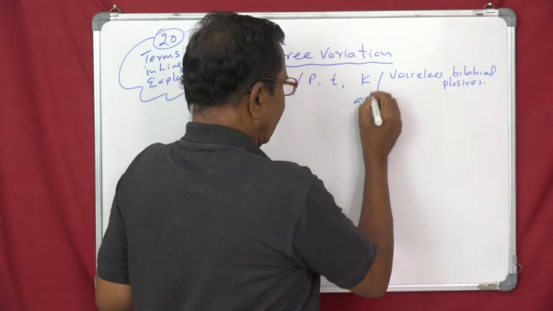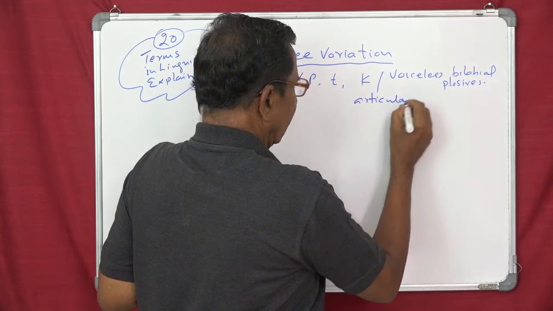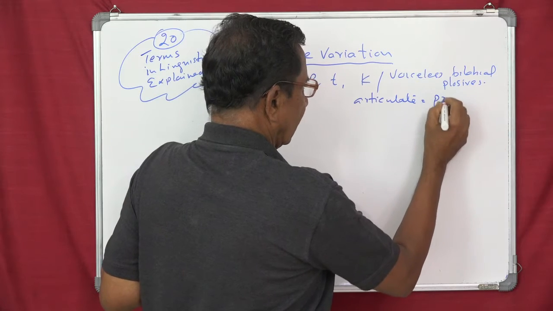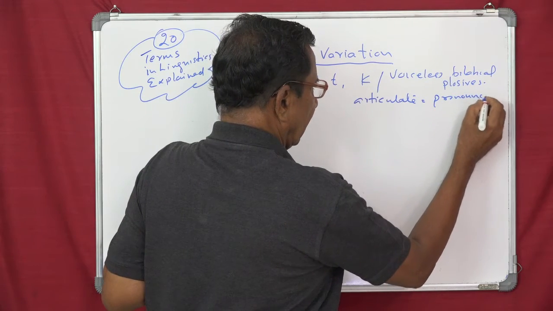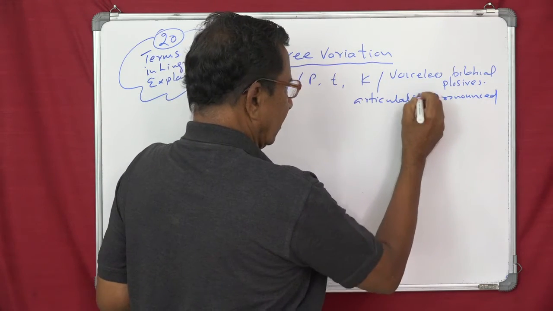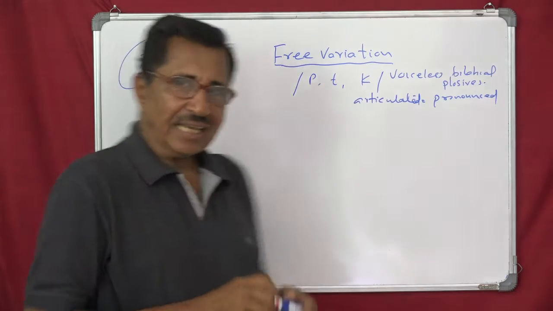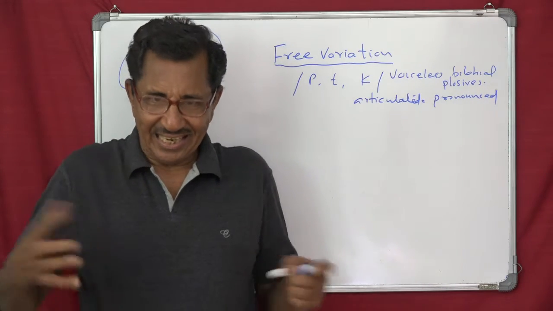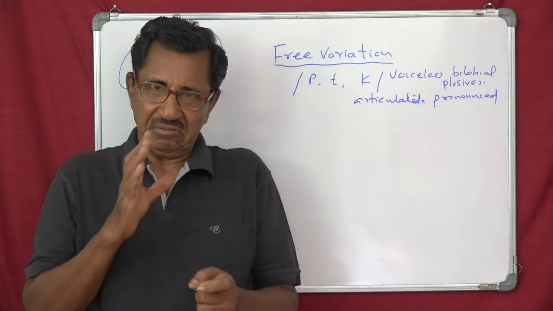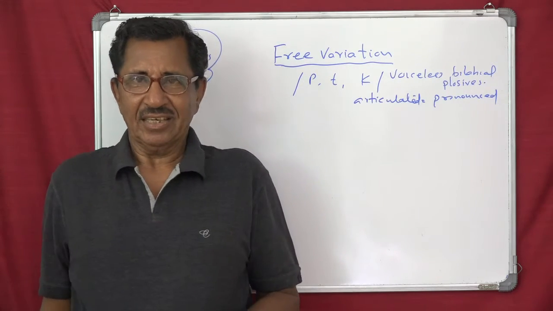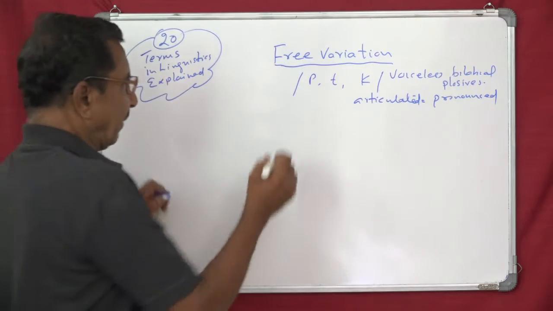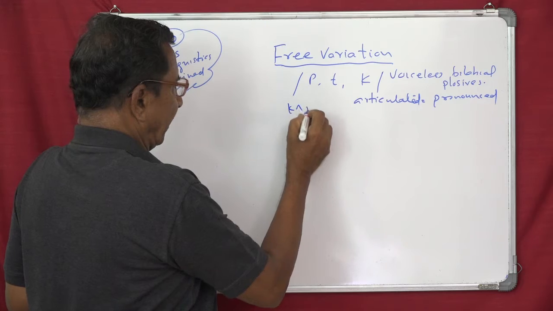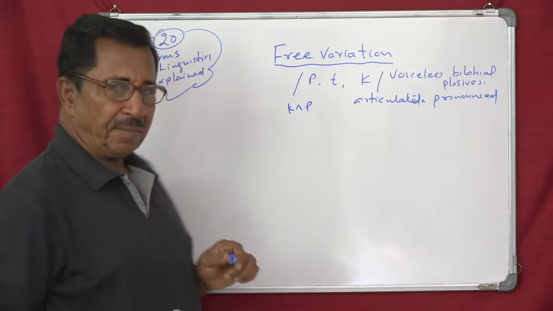Articulated sound means to pronounce. Articulated or pronounced in a relaxed way. See, relaxed. Or sometimes it is with some stress. See, for example, if we say cup, is one cup.